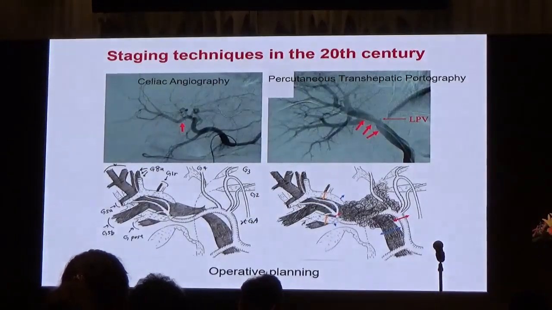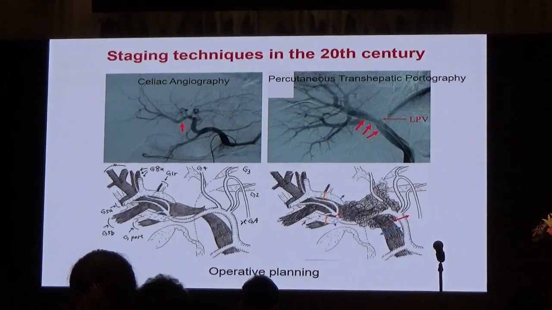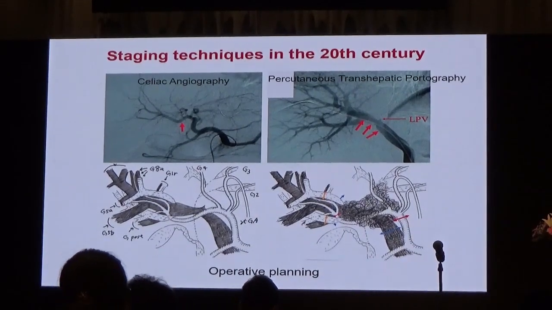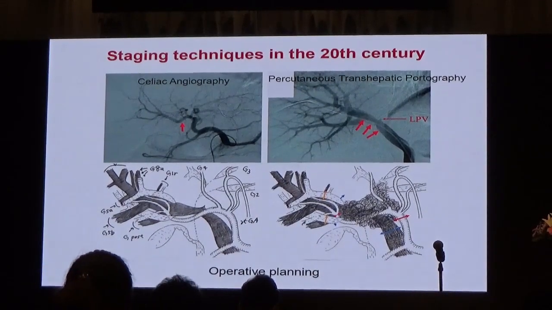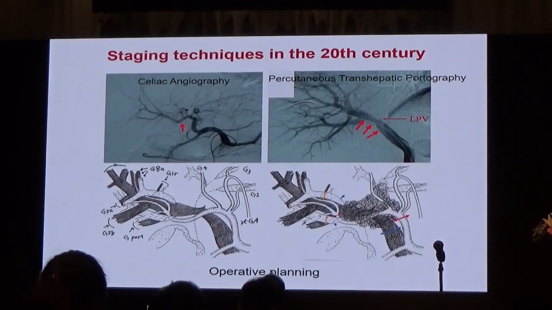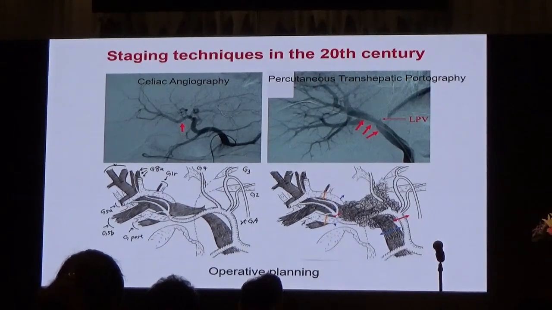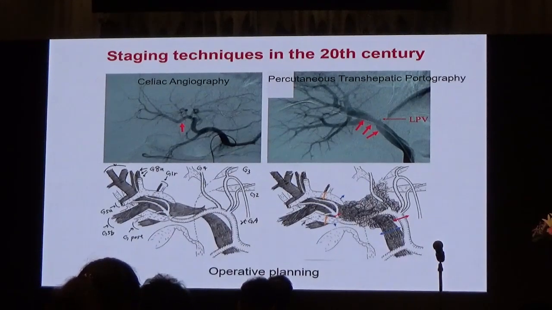And preoperatively, this is a very old case, so we could not have 3D angiography. So after taking arteriography and photography, we drew the extension of the tumor, and we designed how to dissect and reconstruct the portal vein and the hepatic artery.